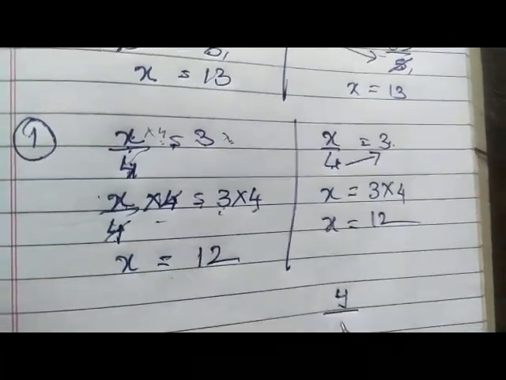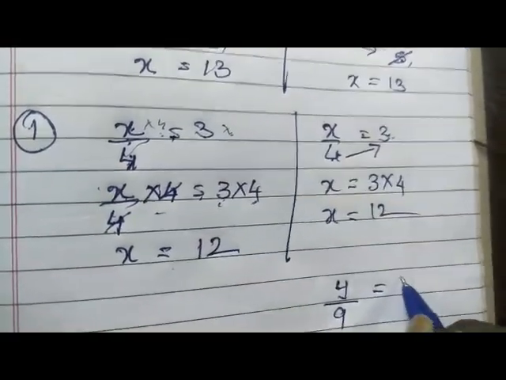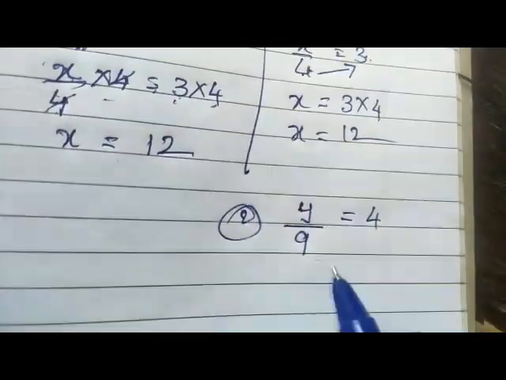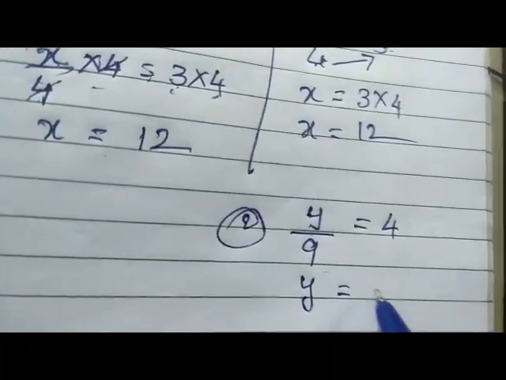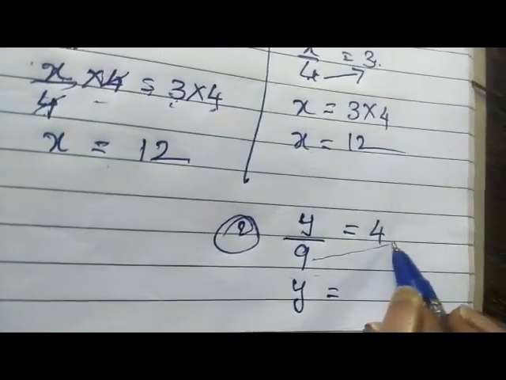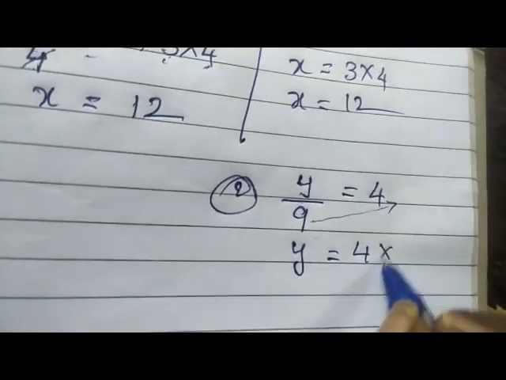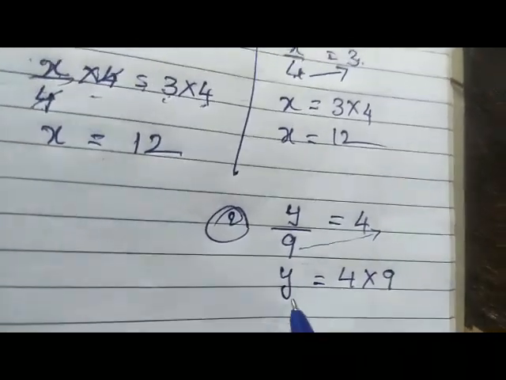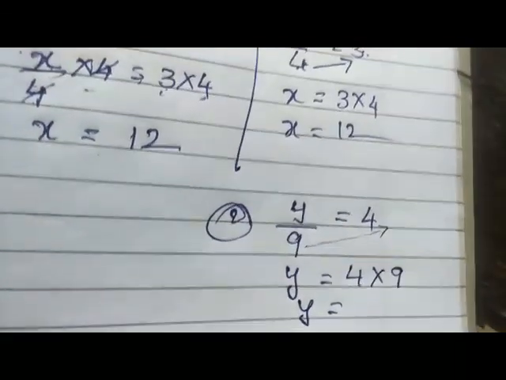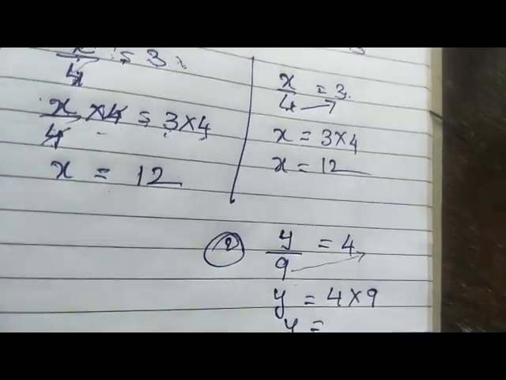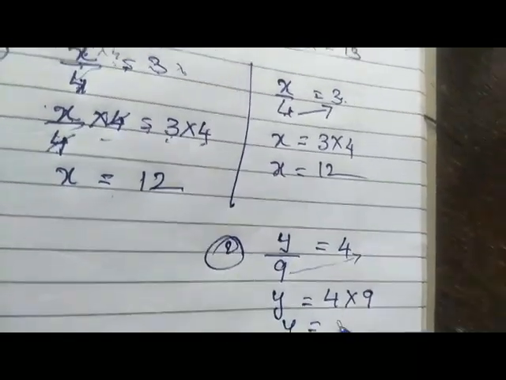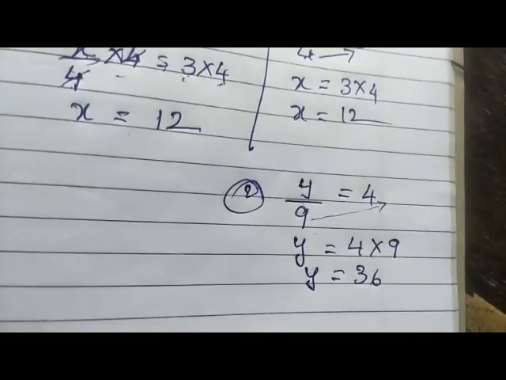Y upon 9 is equal to 4. Second sum. So y is equal to, this 9 will multiply here. It becomes 4 into 9. So y is equal to, what is 9 4s are? 36. Very good.